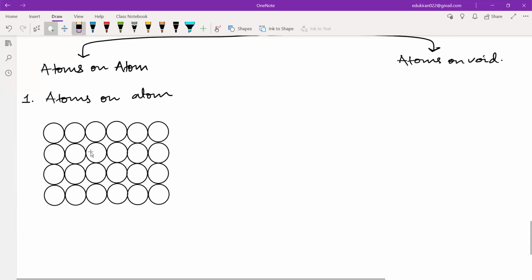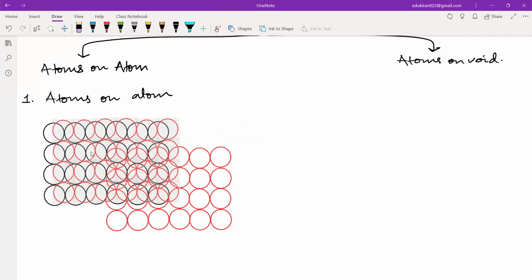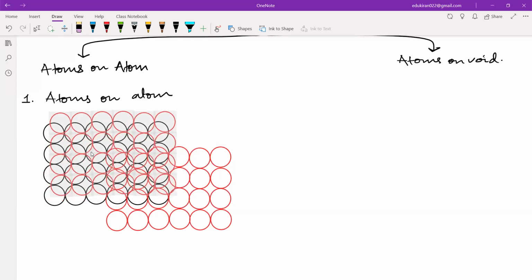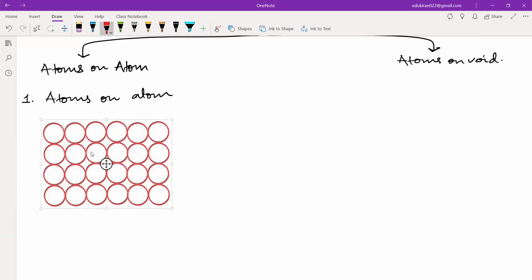Then I will take this whole thing here. I will place these atoms on top of the black ones. Okay, so when I'm putting this red one on the black one, you can see it, but after I am done with this, you can't see it, right? So I will just move it a bit like this.